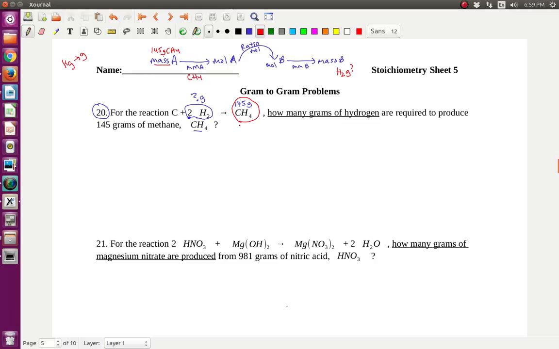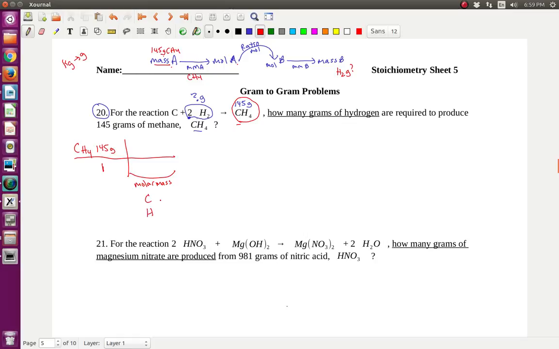So you always start off with what you know. So I have methane, and I have 145 grams of it. So the first thing is to turn the mass of A into the moles of A using the molar mass. So I need the molar mass of methane. So I can put that over 1. So I calculate that.